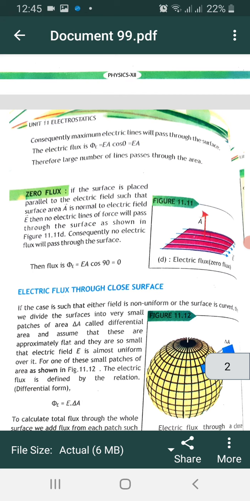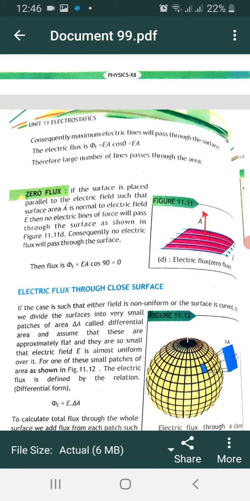The angle between both is equal to 90 degrees. So if we plug this 90 value in the equation for the electric flux, which is equal to E A cos of theta, then when the angle becomes 90, cos 90 is 0 and this equation reduces to 0. Look at this one, the flux is equal to 0. This is the mathematical demonstration of the zero flux.